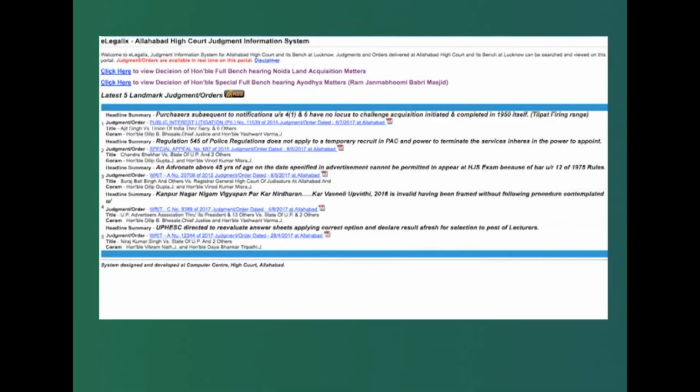And most of the journals contain not only the text of the judgment, but also the head notes, which will help the users in reaching the point they are looking for very fast. And some of the high court judgments are also available on this particular website, and it is free of cost.